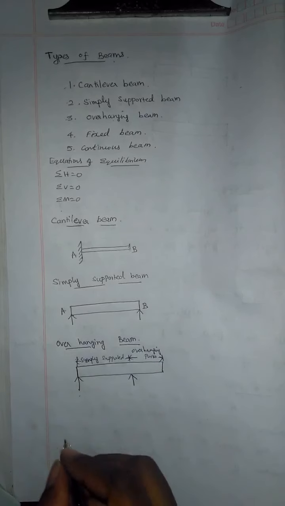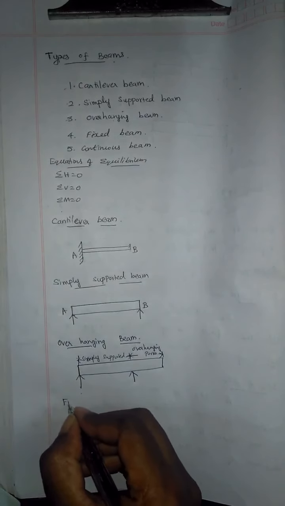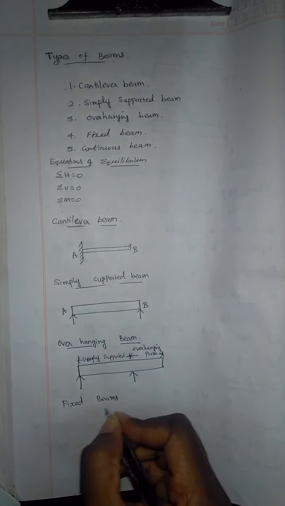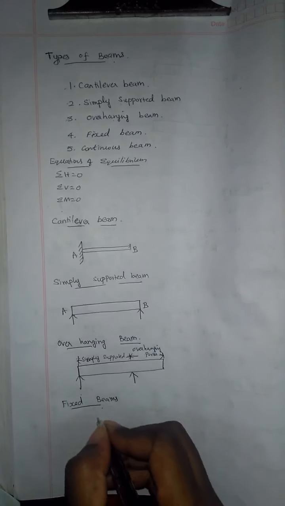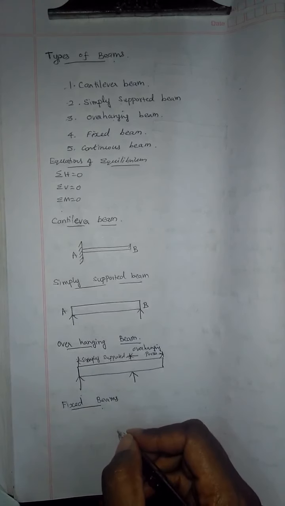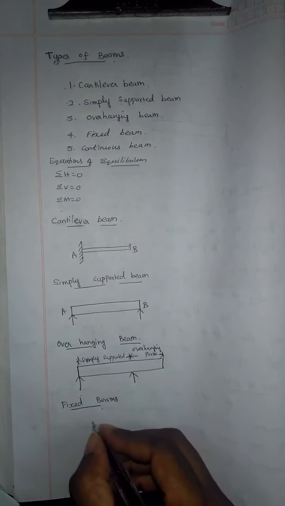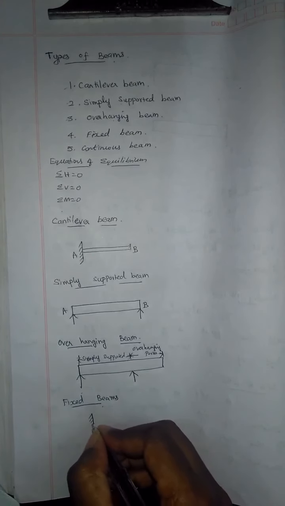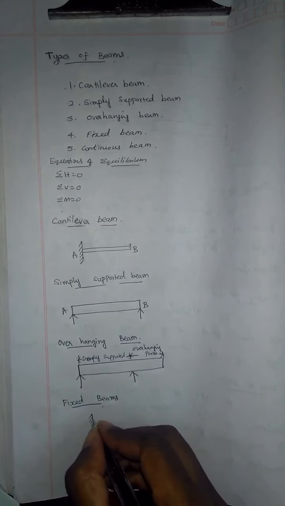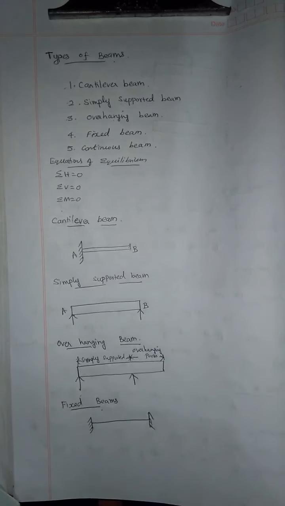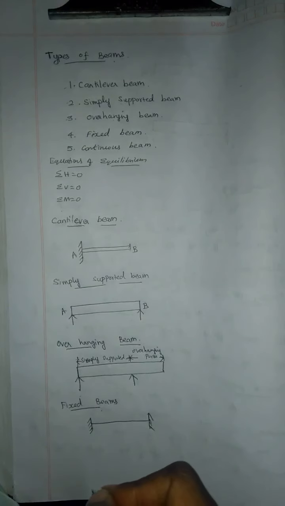So next, fixed beams. What is meant by a fixed beam? It is a beam whose both ends are fixed or built into walls. If the beam with both the ends fixed is known as a fixed beam, right?